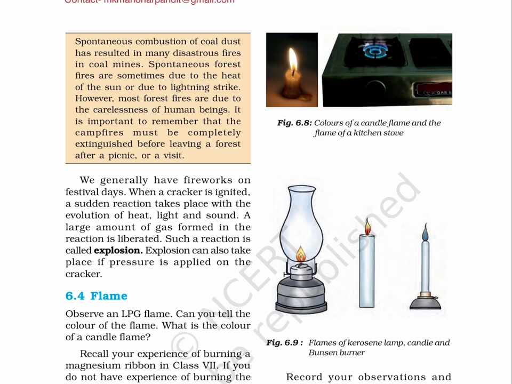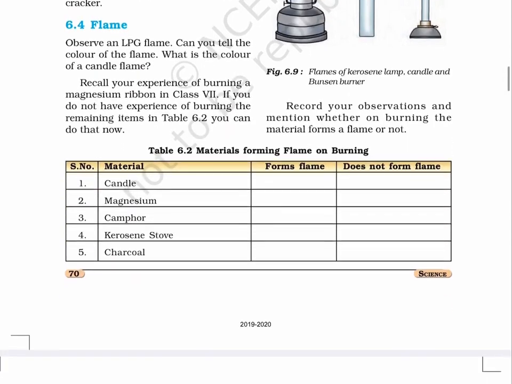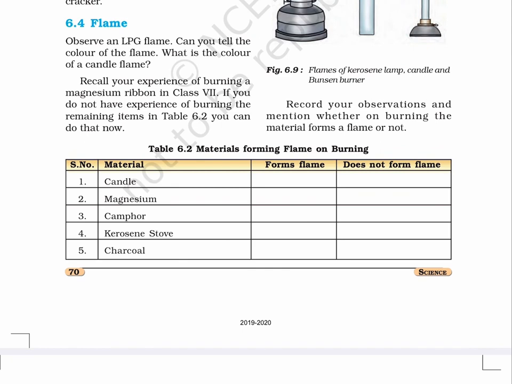Table 6.2. Materials forming flame on burning. The table has 4 columns. The first one is serial number, second, material, third, forms flame, fourth, does not form flame. For your convenience, we have numbered the material as 1, 2, 3, 4, 5.